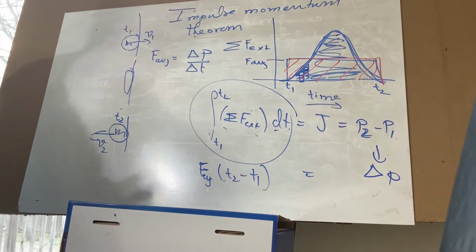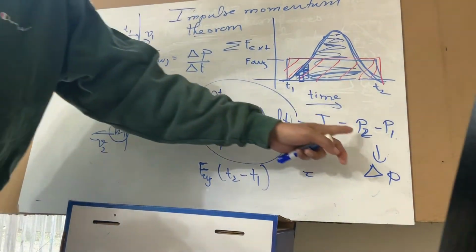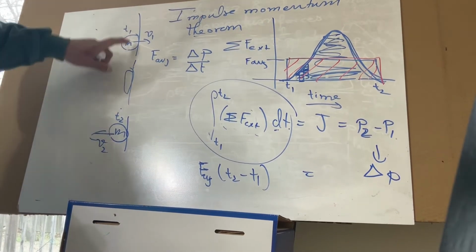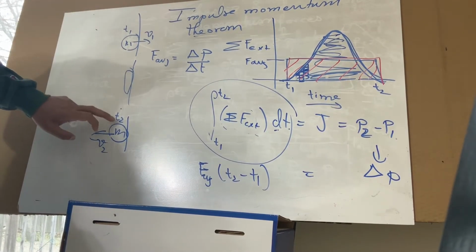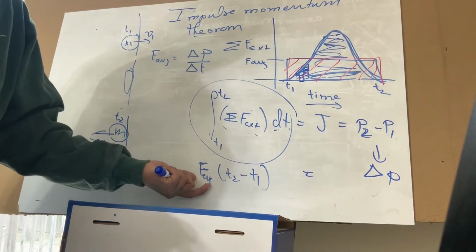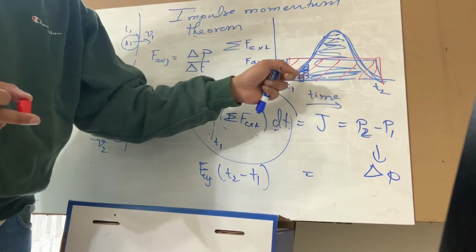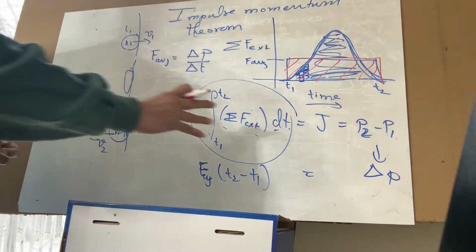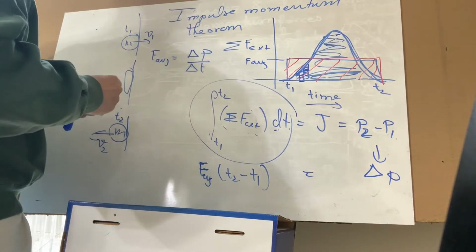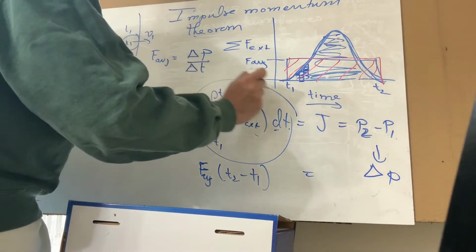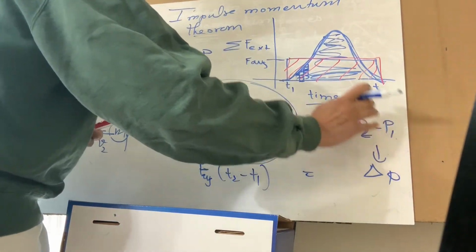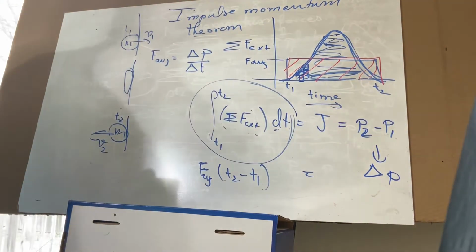So if I know P1 and P2, and I know the times, I can find the average force. That will give me the same area, the same impulse, because this is the area under the curve, and this also will give you the same area under the curve.